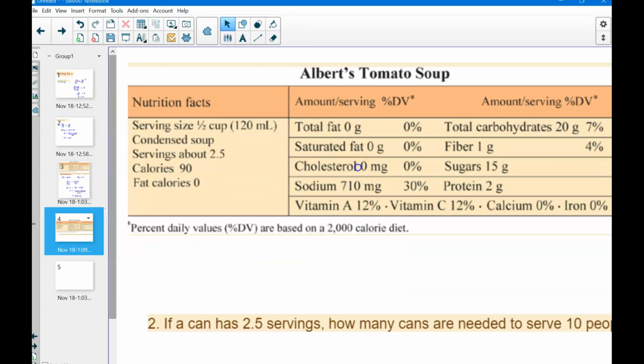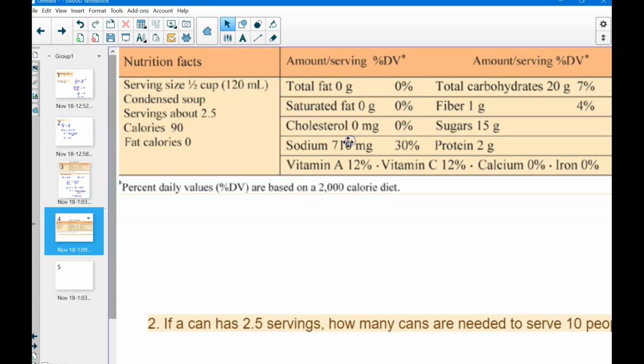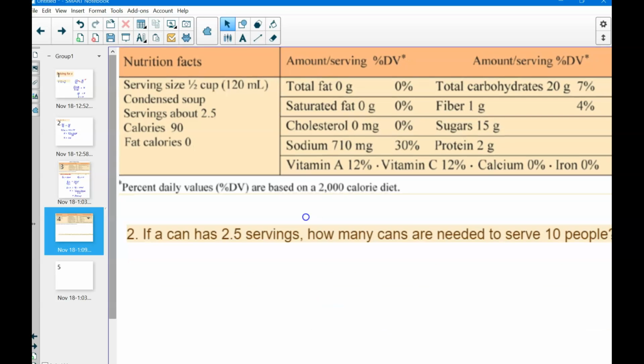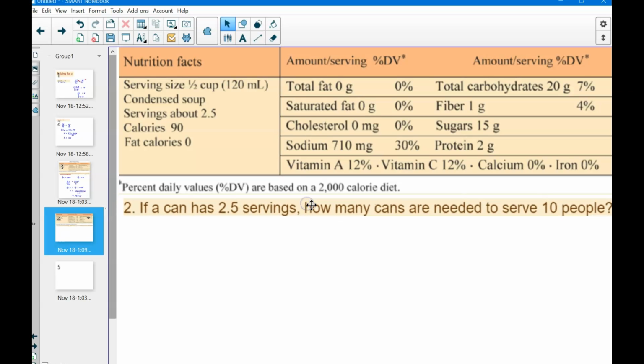In this table, it says the serving size is 1/2 cup, or 120 mils. The serving is about 2.5 for this can. If a can has 2.5 servings, how many cans are needed for 10 people?